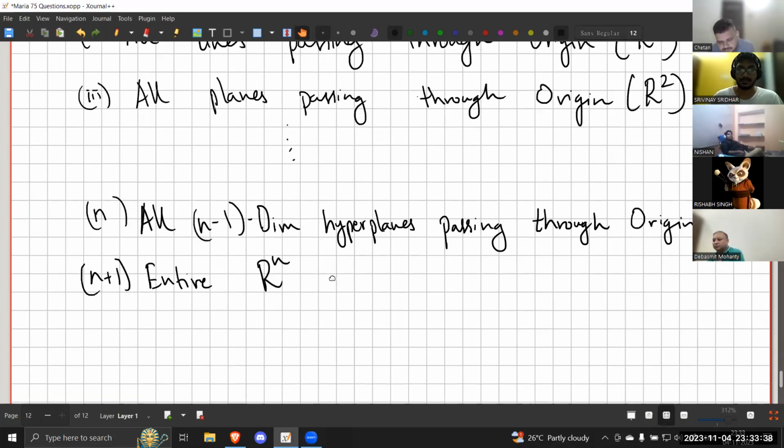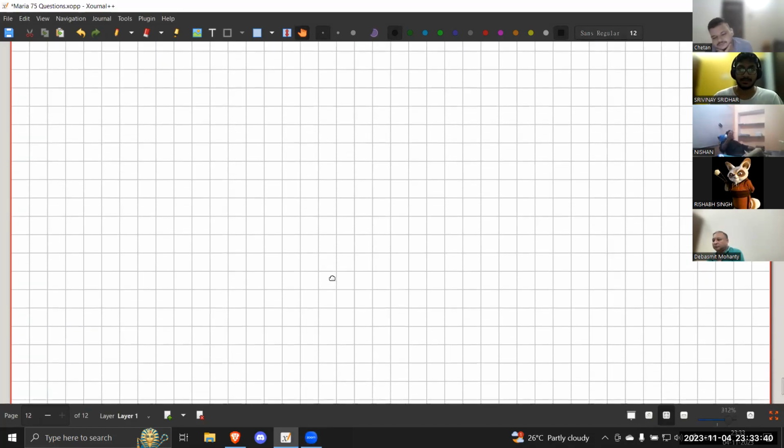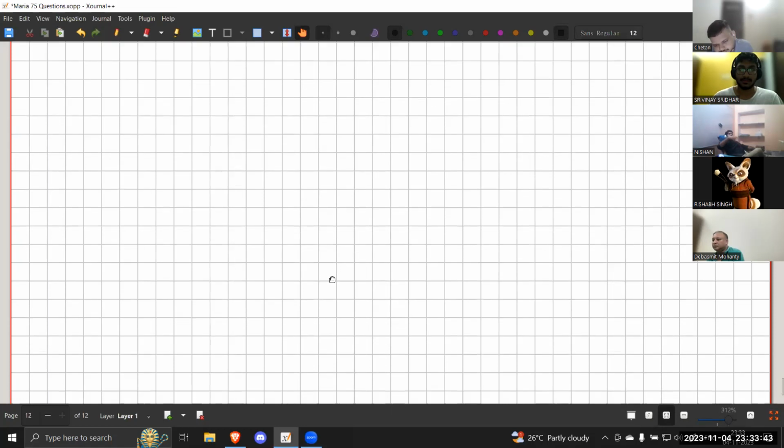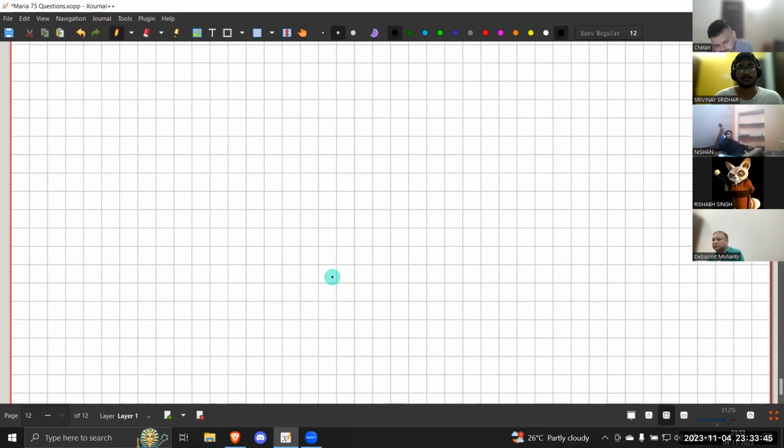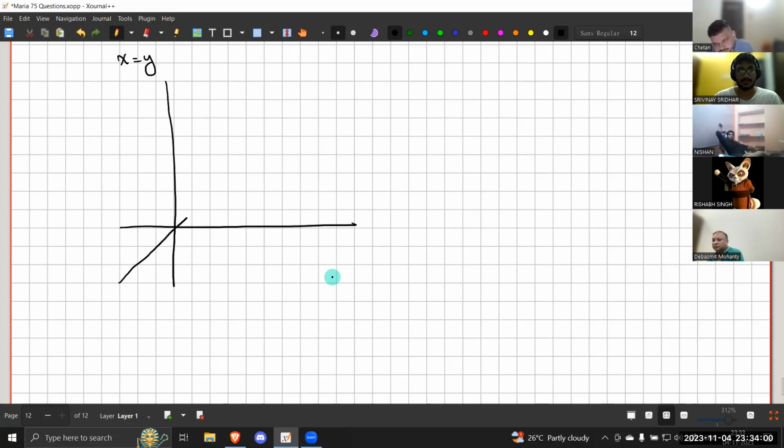What do we get? If that point is moving in a straight line, we'll get a straight line eventually. For example, x is equal to y. We are going to take points along this line. When we trace this point along this line, it's going to trace a line eventually.